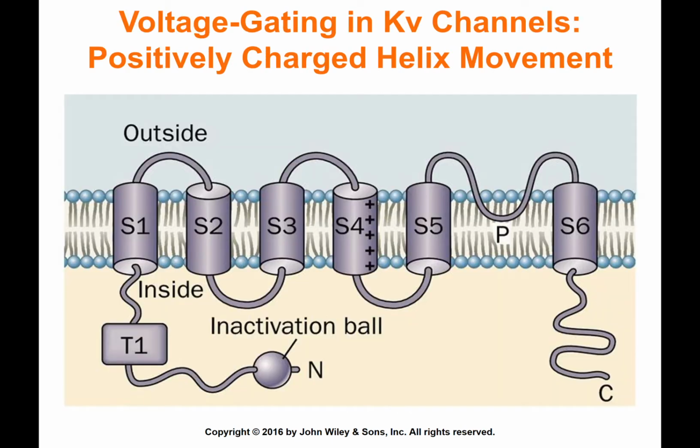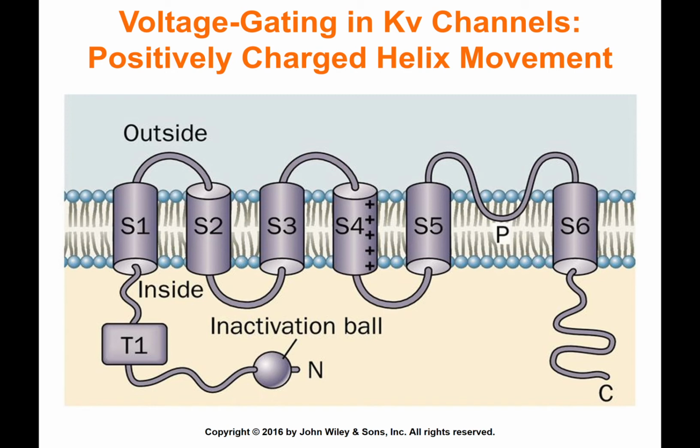So this is kind of a pictorial, cartoon picture of the potassium channel. That's the one we're going to focus on. We're not going to worry about the sodium channel. The voltage-gated potassium channel has 6 transmembrane alpha helices, and inside of the cell, there's a portion of the protein called an inactivation ball.